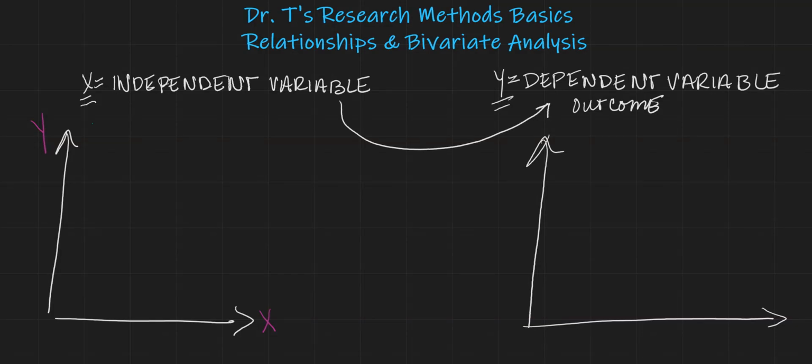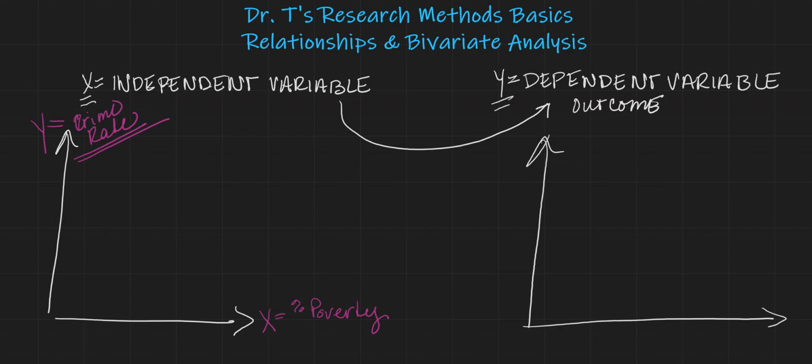Let's think through these things with some examples that we're probably familiar with in criminology, criminal justice. Let's say that I'm most interested in understanding the relationship between the percent poverty in a city and that city's crime rate. What I'm most interested in knowing about is what's going on with the crime rate, and I think that percent poverty may have something to do with it.